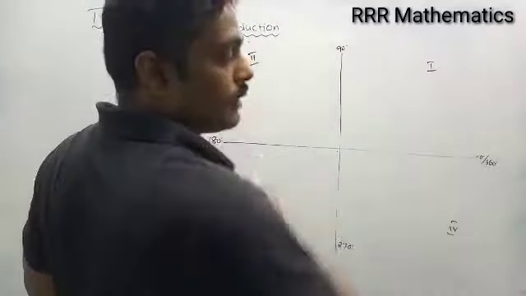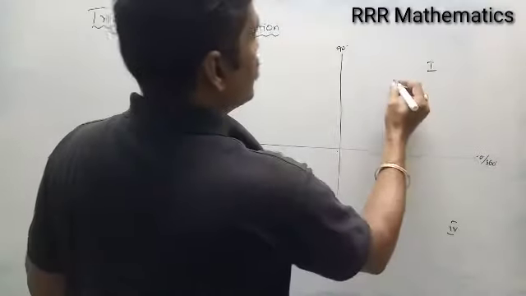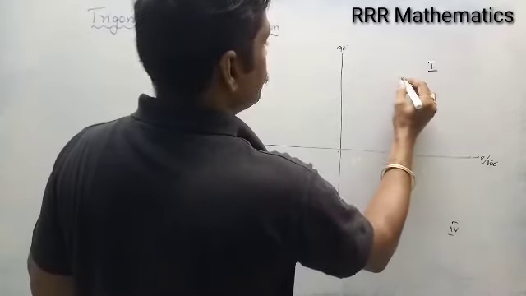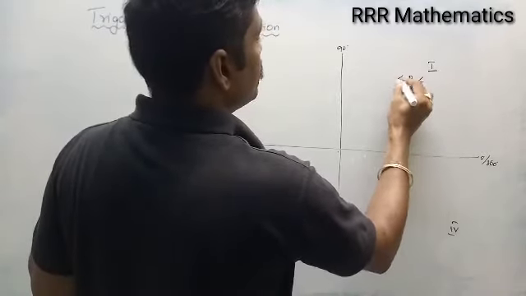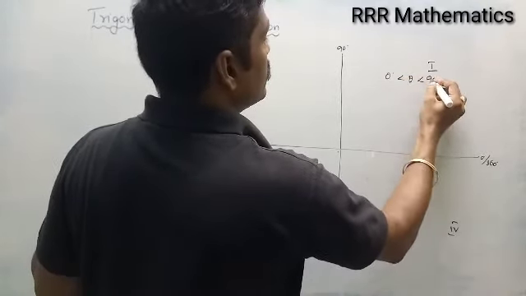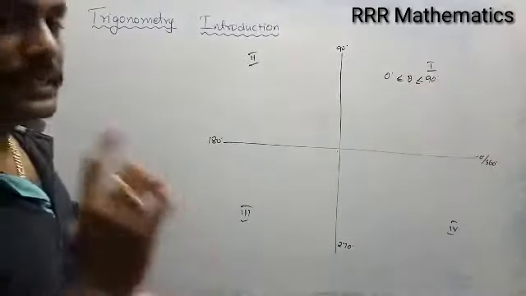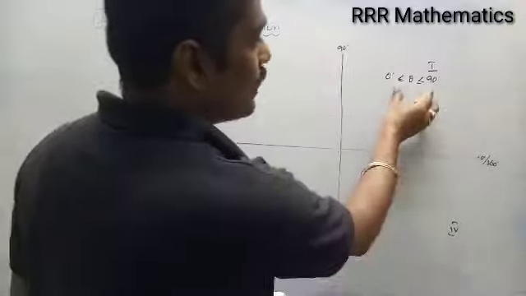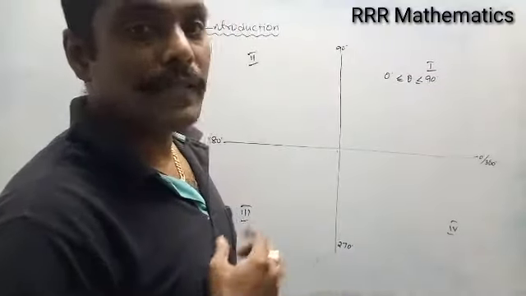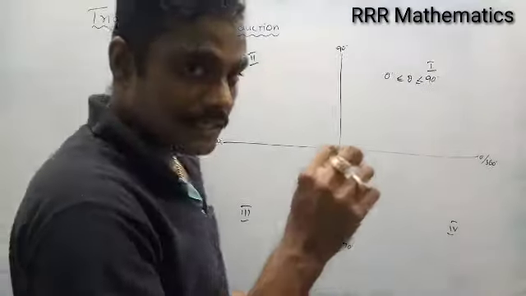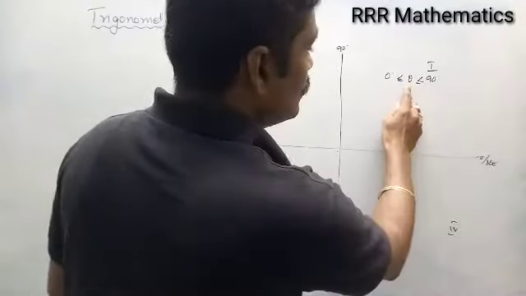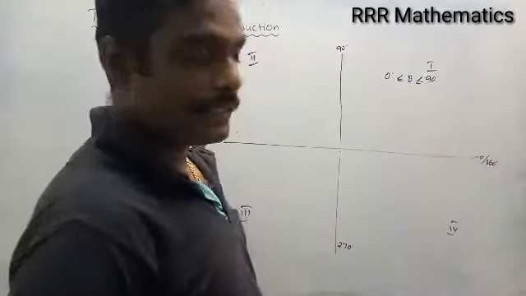So it keeps on rotating. I will consider some theta which lies between 0 to 90 degrees, or you can consider equal, no problem. Just keep in mind, I will consider an angle theta whose value lies between 0 to 90 degrees.